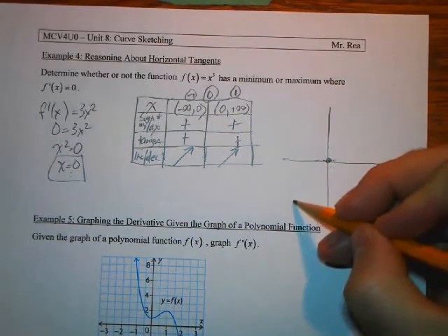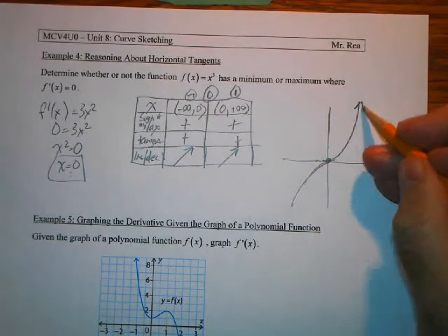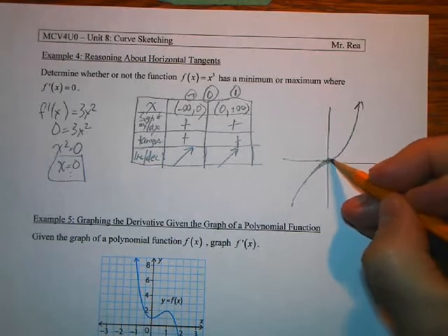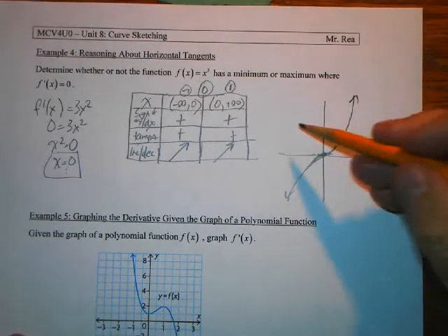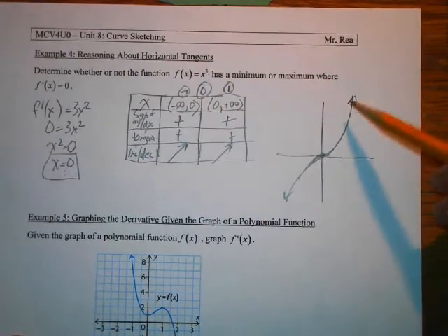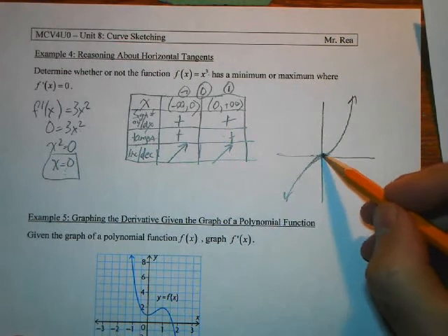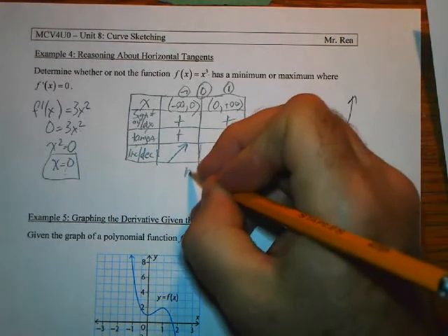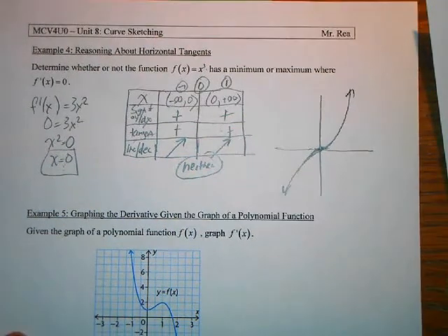So basically, it looks something like this. So get a little closer there. And if you didn't know what x cubed looked like, you could get that from the fact that that's a critical point, but it's neither, I guess I should fill that in. It's neither a min or a max at that point.